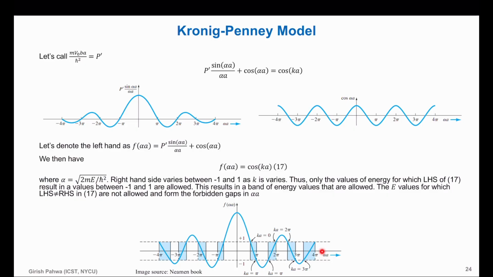All of these f of alphas are allowed. But which k values do they correspond to? Allowed is fine, but which k values? So let's start from Ka equal to 0. If I put Ka equal to 0, that will give me cos 0 equal to 1. So let me point that here. This is Ka equal to 0.